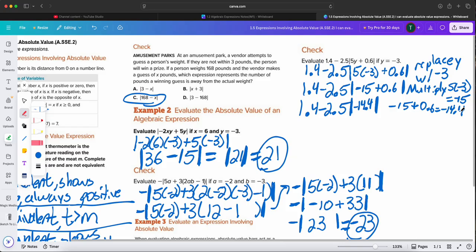We would take the absolute value of -14.4, so we rewrite everything else. Oops, hit my pen. The absolute value of -14.4 is 14.4 units from 0, so it makes it positive. So the absolute value of -14.4 equals 14.4 for our reasoning there.